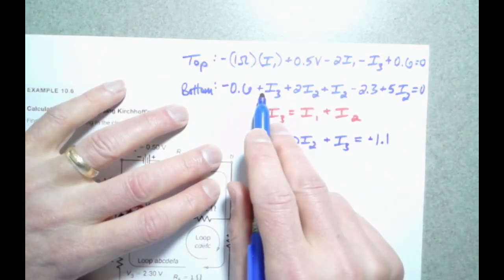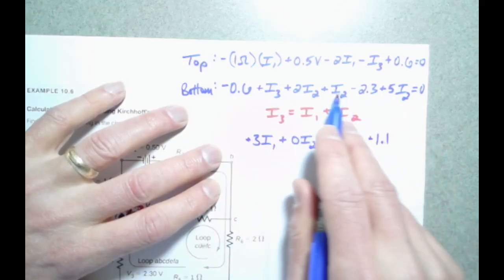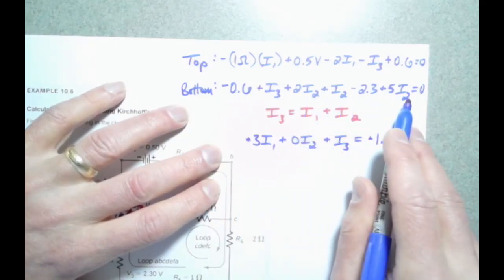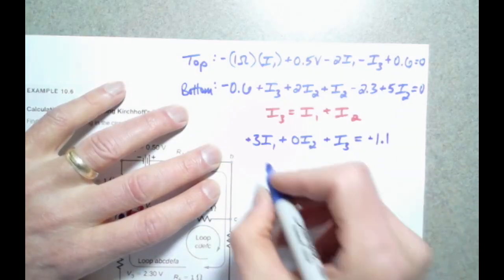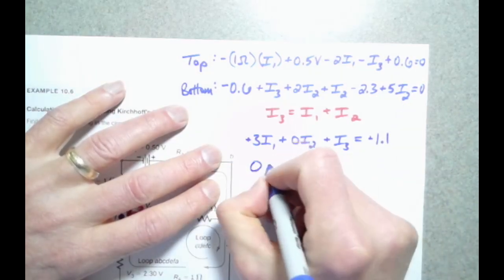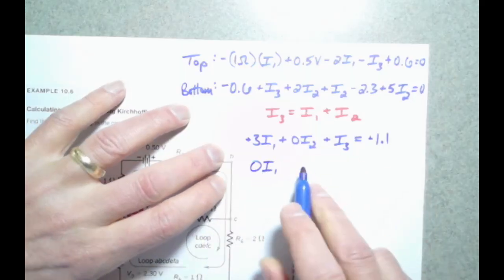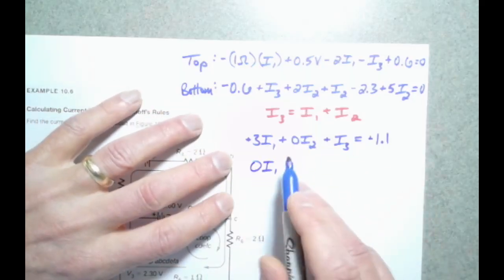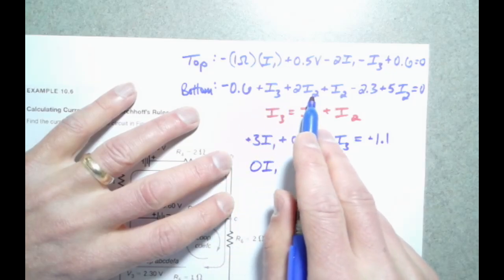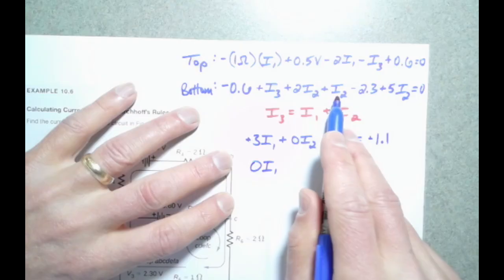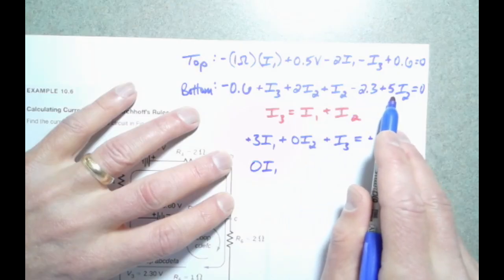Okay? All right, so let's look at the next one, the bottom one here. Okay, the bottom loop, I've got this equation right here. So how many I1s do I have? 0. So I'm going to do 0 I1. All right. Okay, and then how many I2s do I have? I got 2, 3, and 5. That's 8.